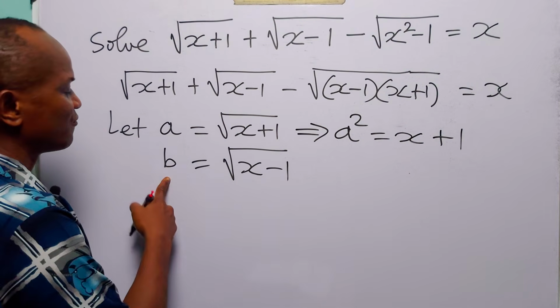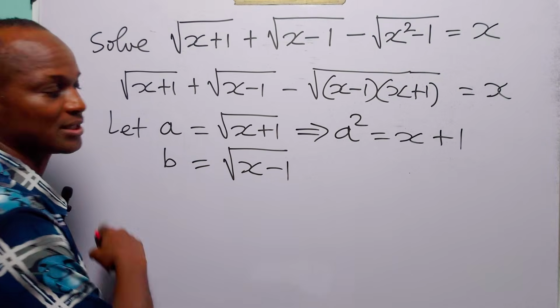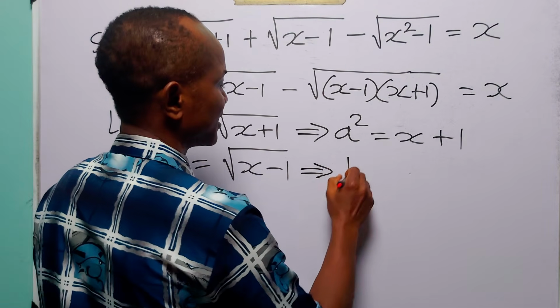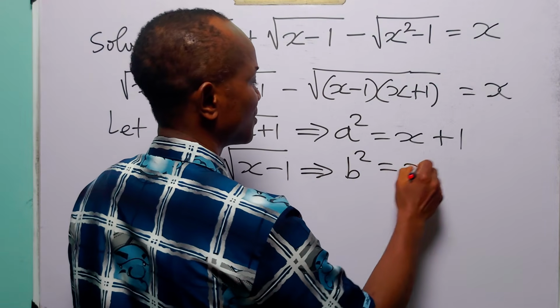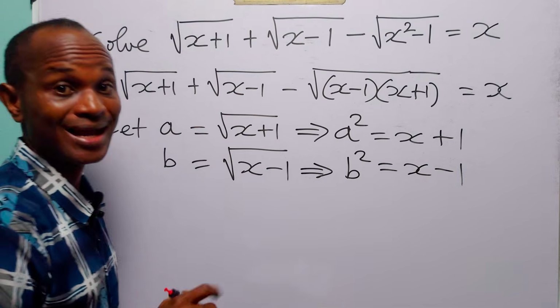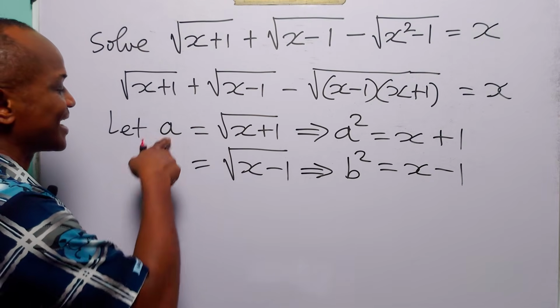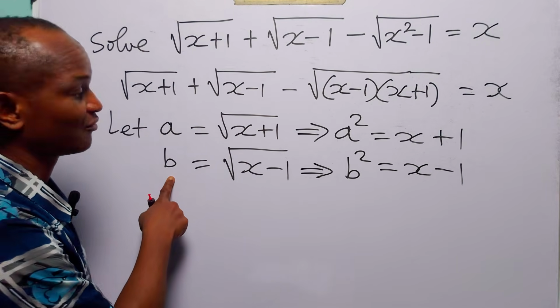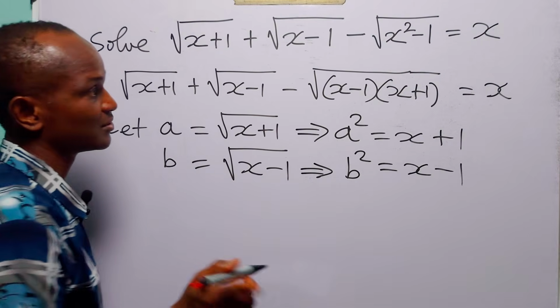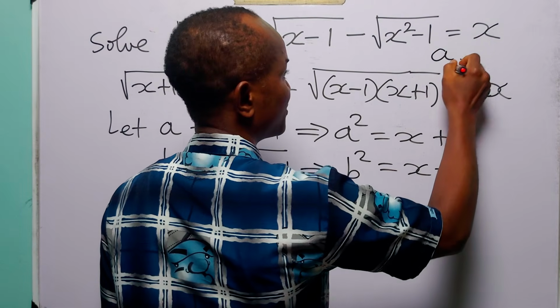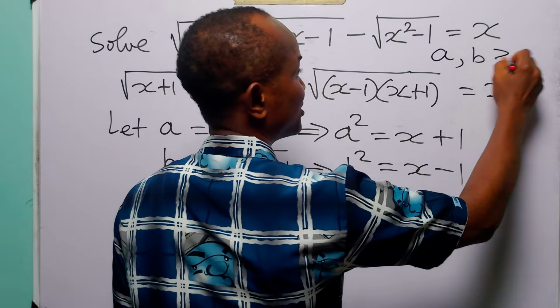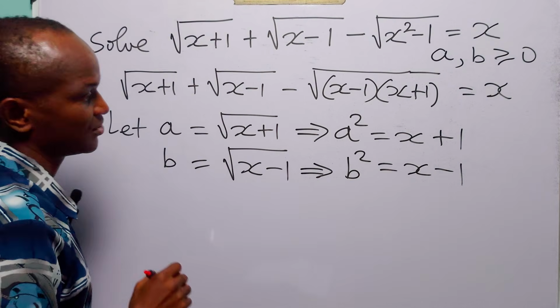And in the same way, if we square both sides of this second equation, we have that b squared is equal to x minus 1. Now remember that both a and b must be positive because they are square roots. So we have that both a and b must be greater than or equal to 0.